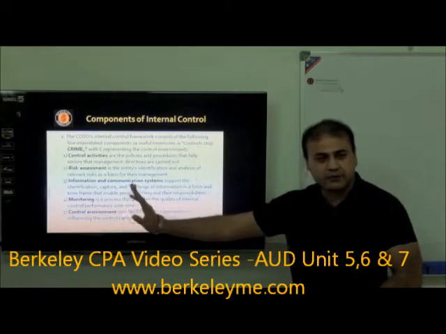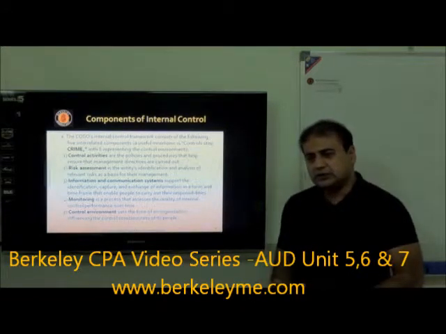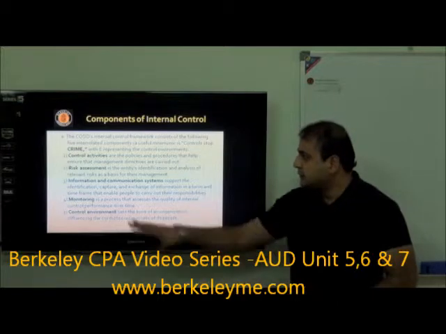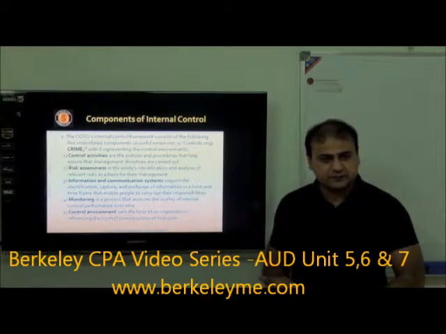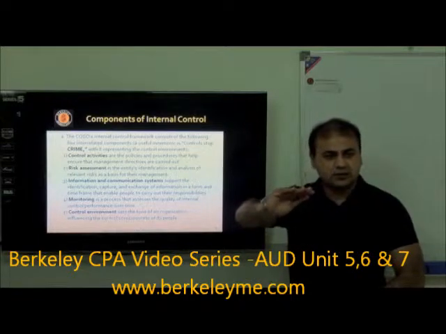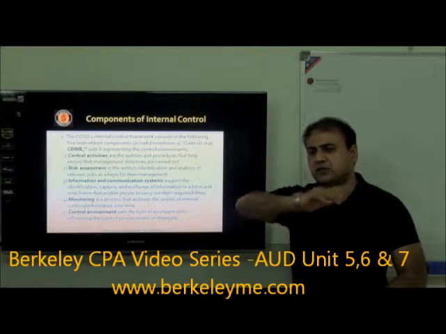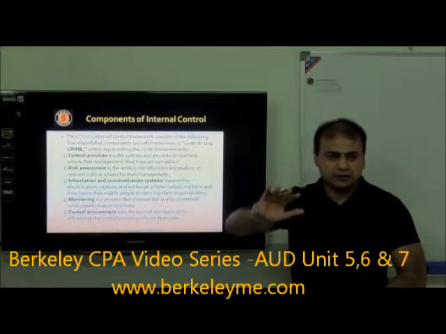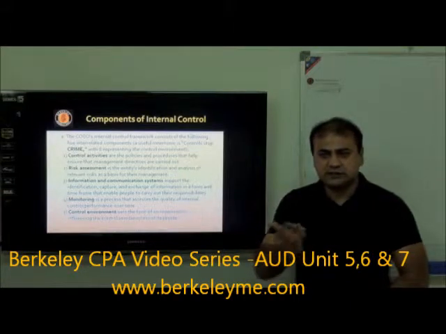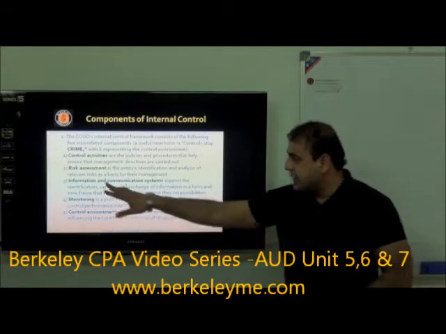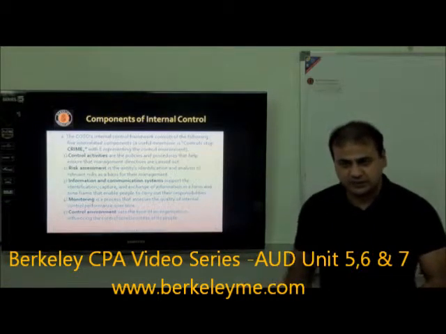When we are talking about internal control, we have to build up the control activities, which are the policies and procedures. The starting point for any control activity is a charter or a manual that is approved. Based on that, we make the policies and procedures. Every internal control should have elements of risk assessment.